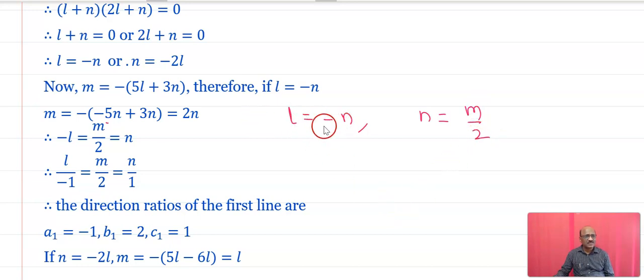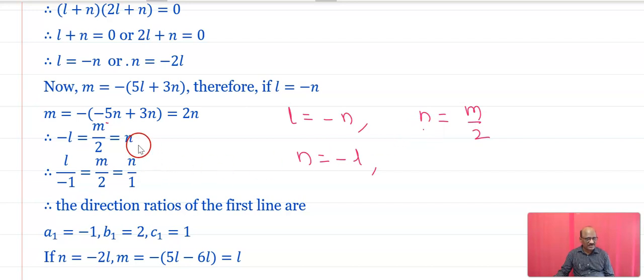If we make this positive, n equals minus l, and n equals m upon 2, and therefore you are getting minus l equals m by 2 equals n. We are equating the values of n.